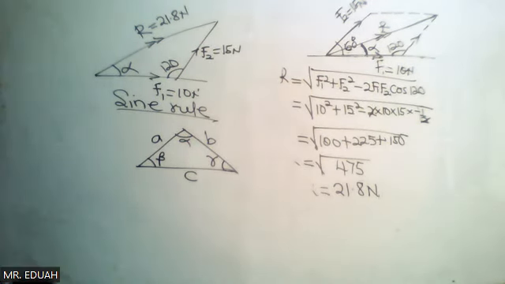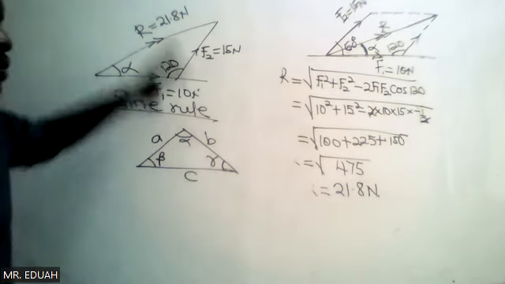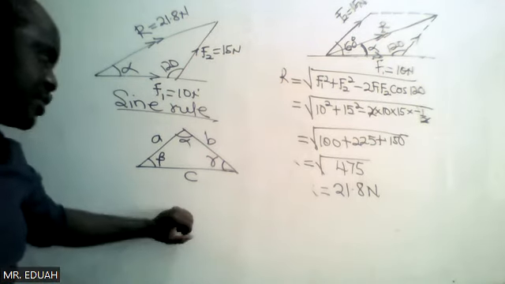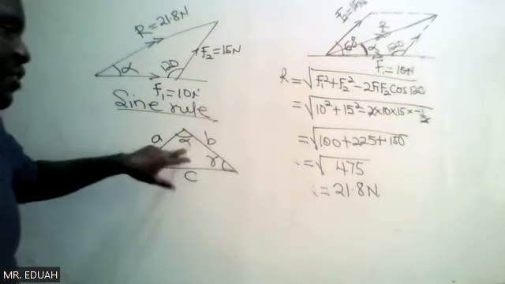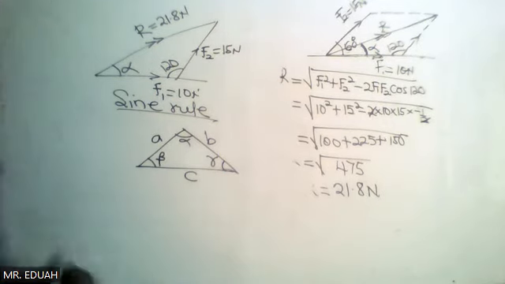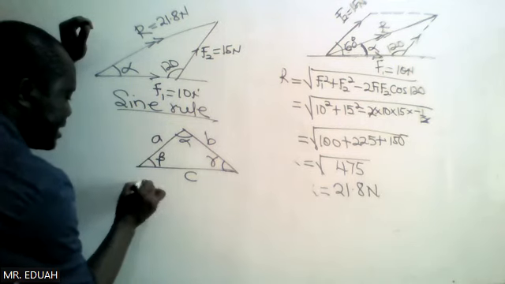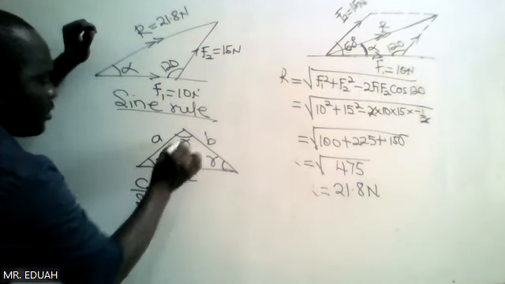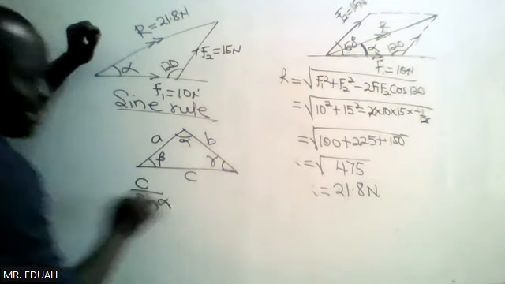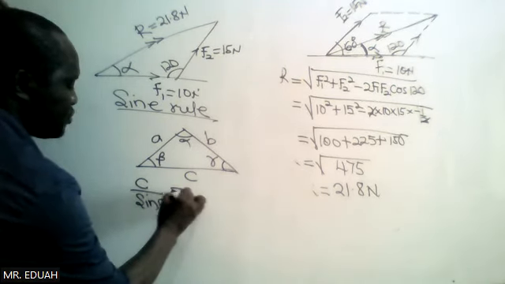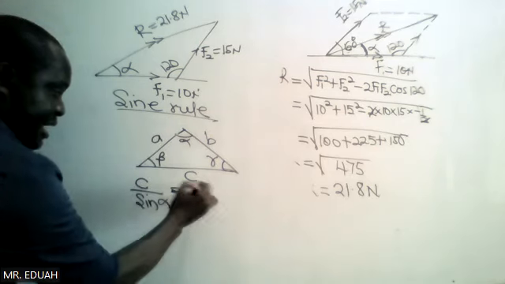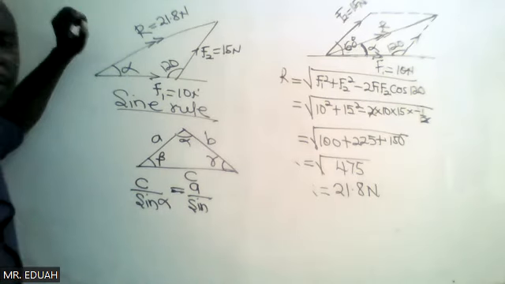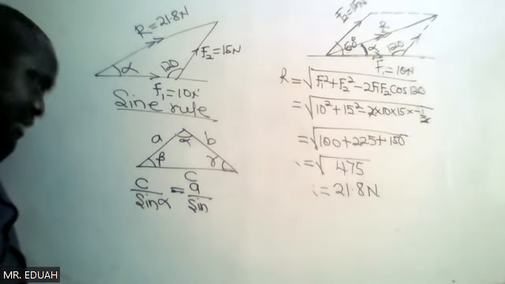I can take the ratio of the side to the sine of the angle opposite to that side. So if it's C over the sine of the angle opposite to C, that is gamma, it is equal to A over the sine of the angle opposite to A. And which angle is opposite to A?